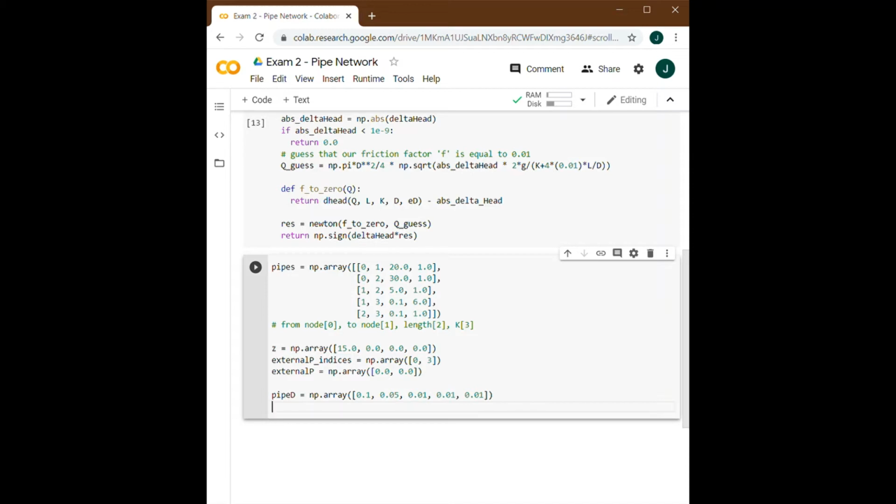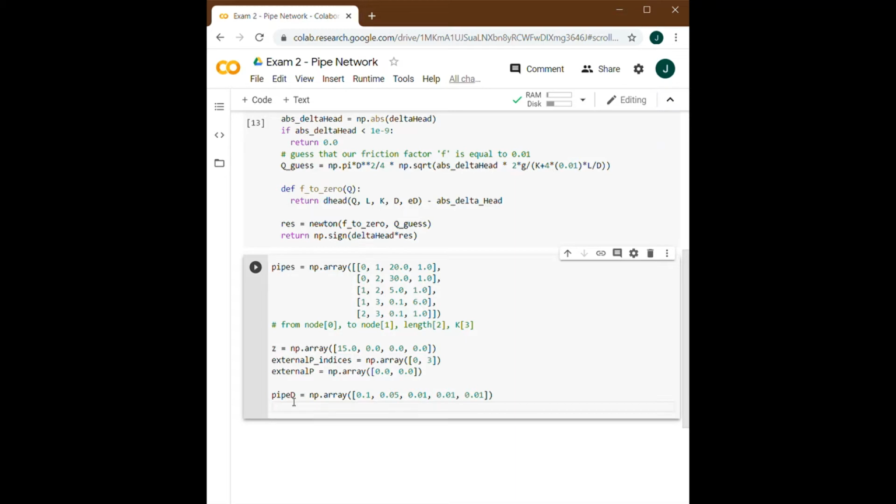Now our internal roughness, ED, of all of our pipes has the same value. So we're actually going to use a little shortcut to create an array called a full function. It's going to take a number and a value and create an array of the size given by the number filled with the value.